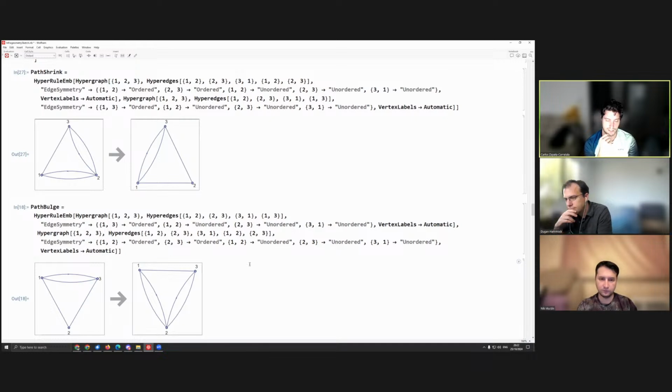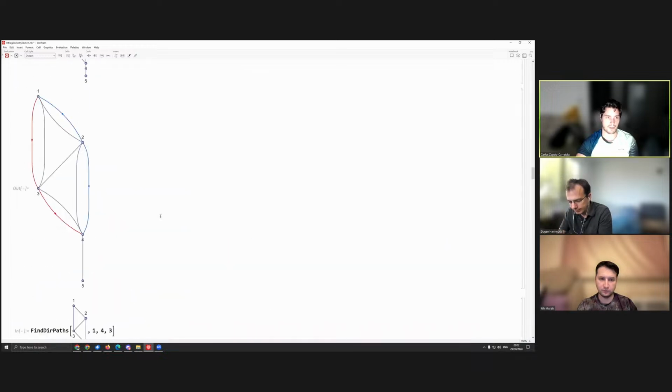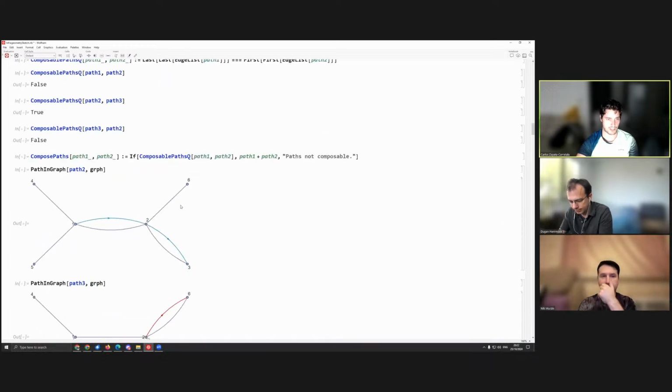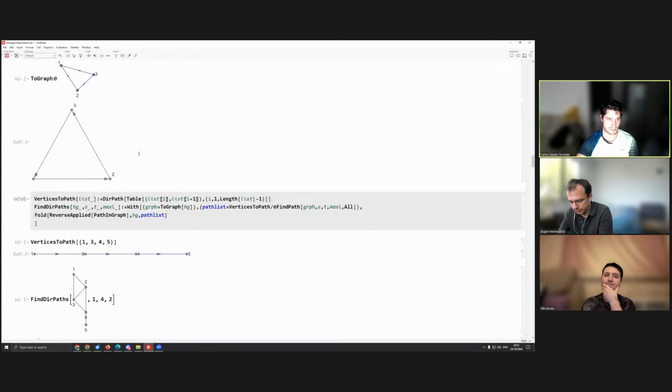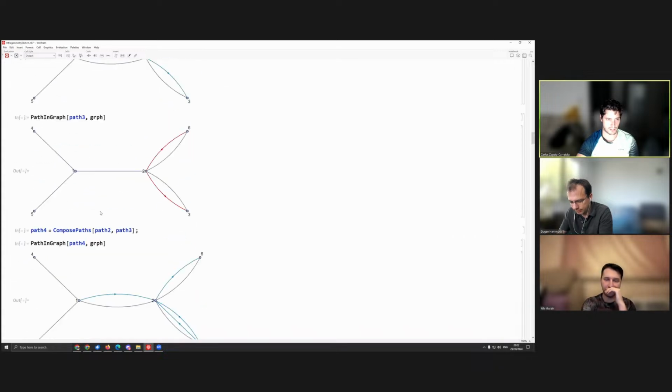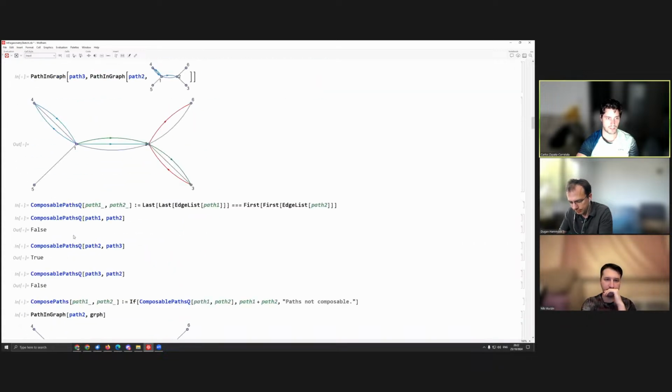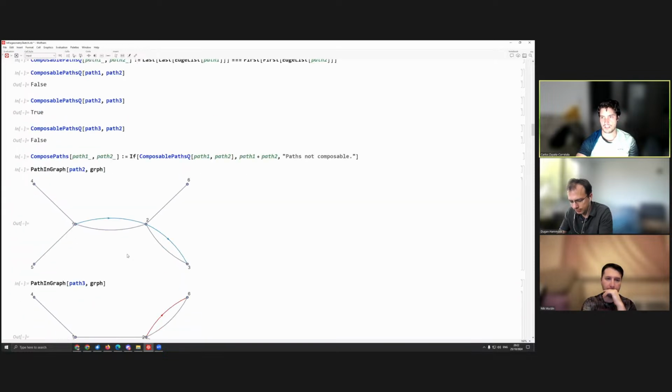And in fact, one can remember that in the previous section I had this function here, almost anecdotally, the compose paths function.